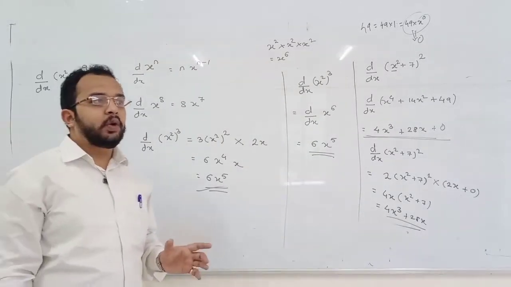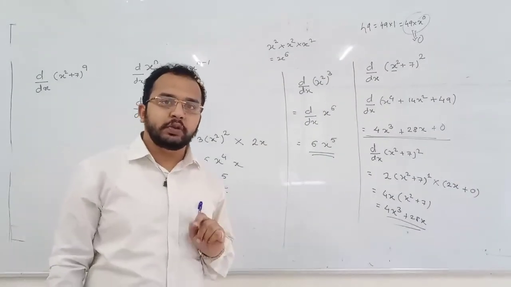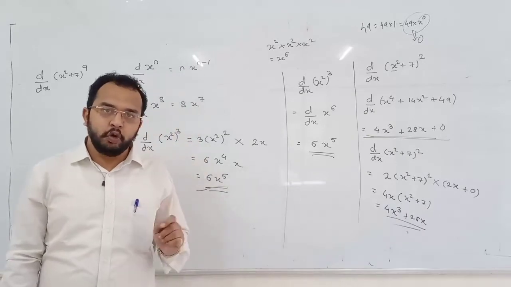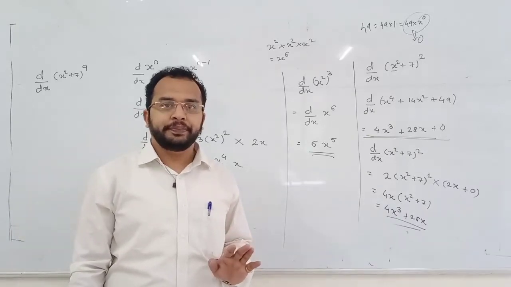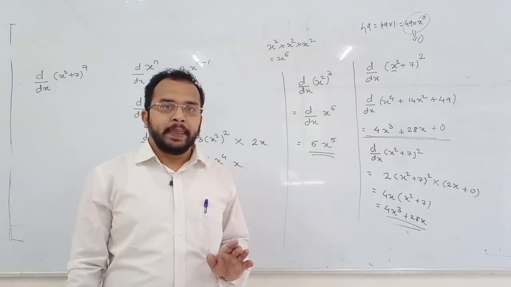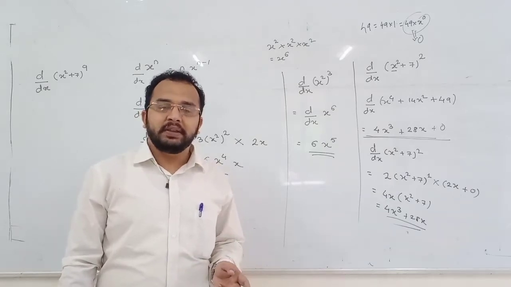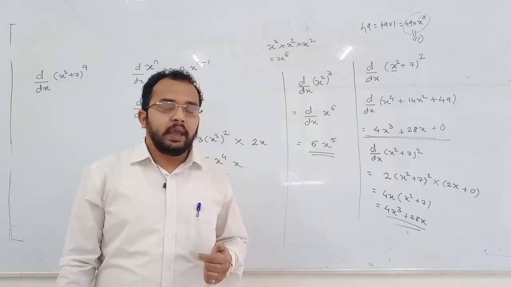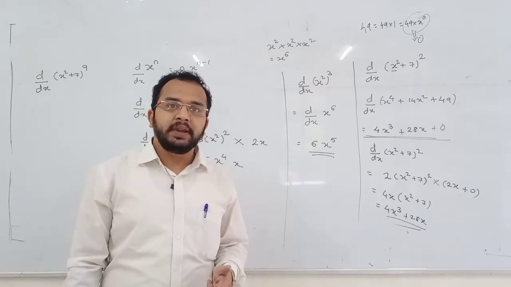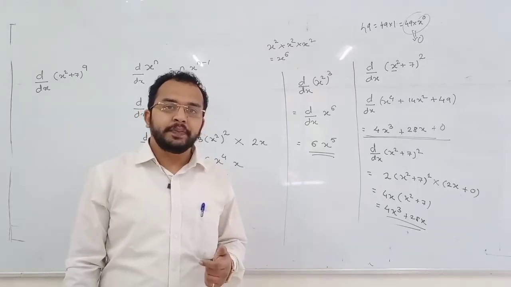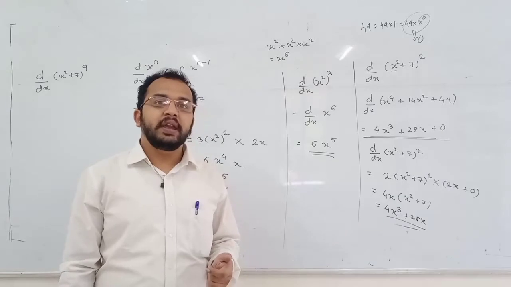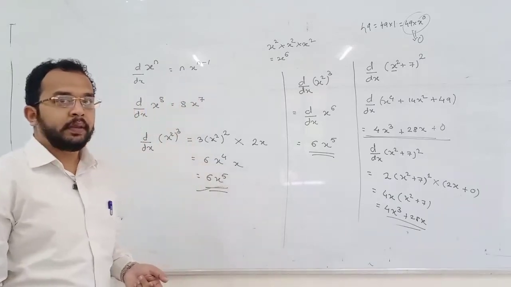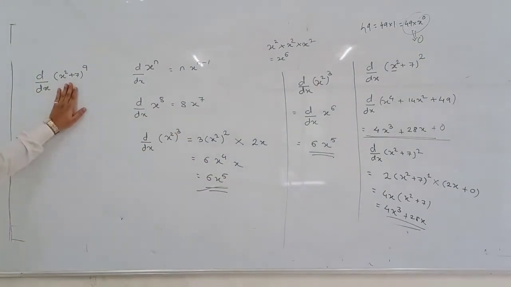Because what we know is (a plus b) the whole square and (a plus b) the whole cube, up to this we know. a square plus b square plus 2ab, that is (a plus b) the whole square. a cube plus 3a square b plus 3ab square plus b cube, that is (a plus b) the whole cube. But we don't know how to open (x square plus 7) to the power 9.